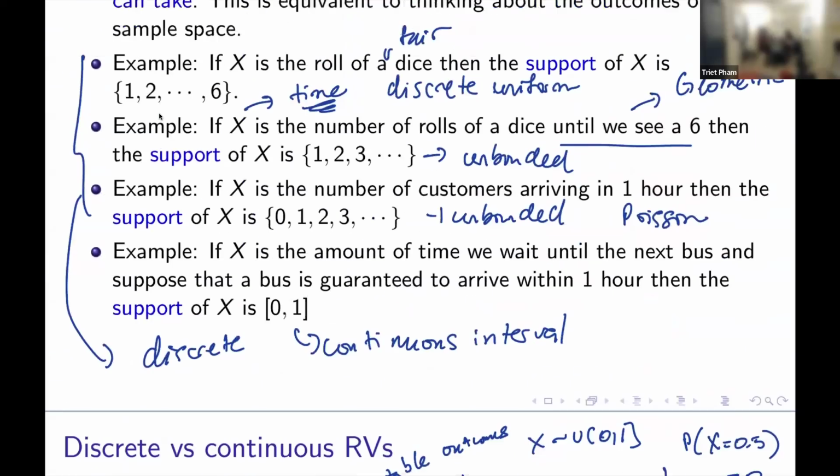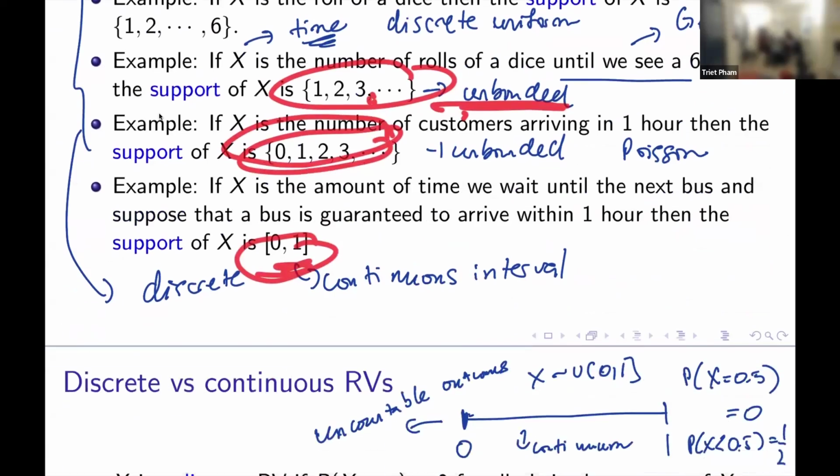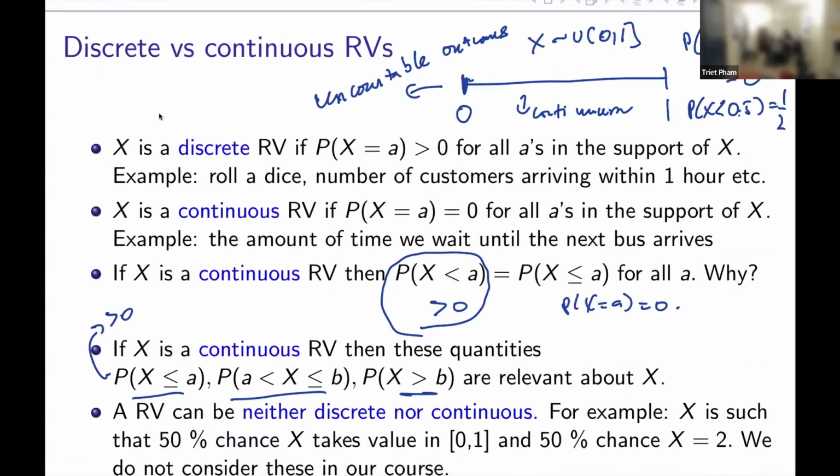So in contrast with something like this here, this is infinite but countable. This is infinite but uncountable, okay? And that's why, and again, like I said, time as you think about it, continuous time, as we conceptualize it, you can never really catch an exact moment, like half an hour.